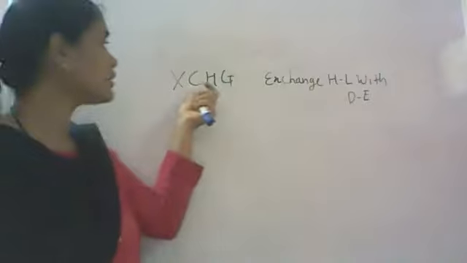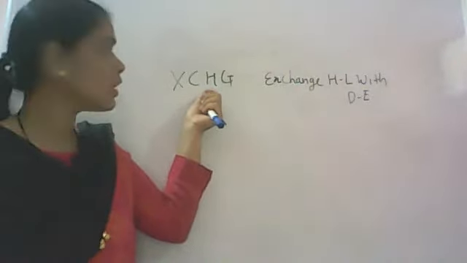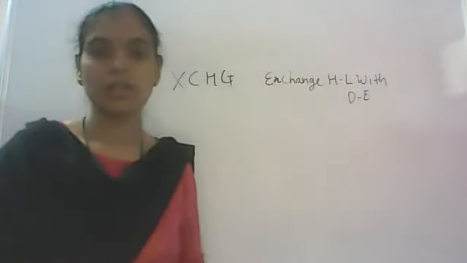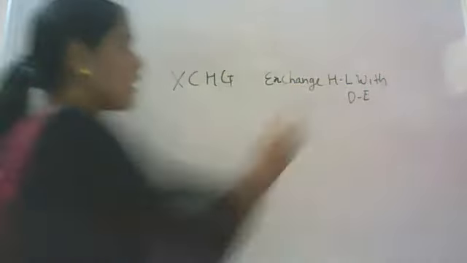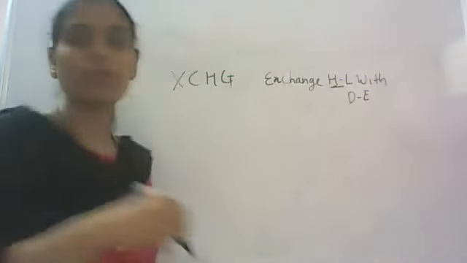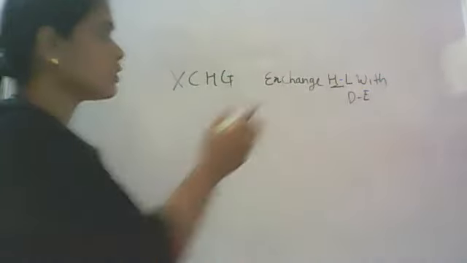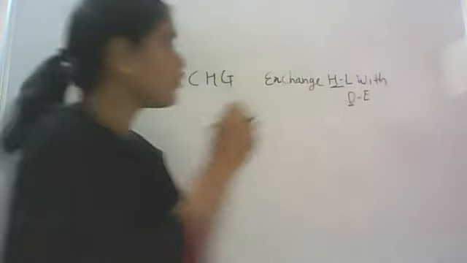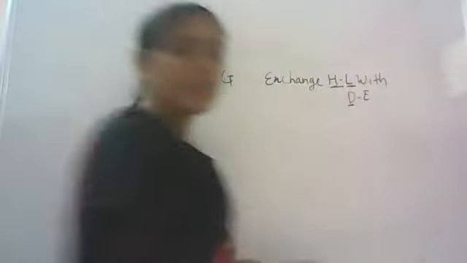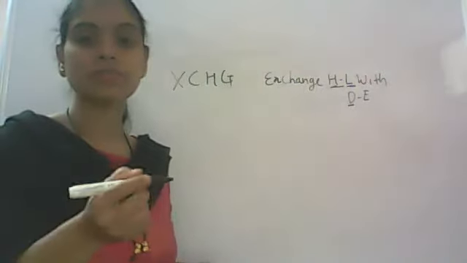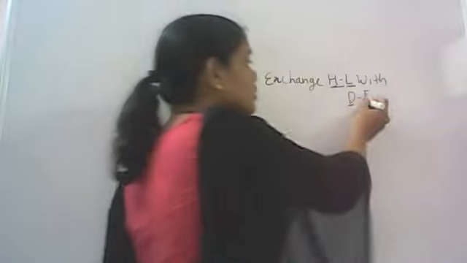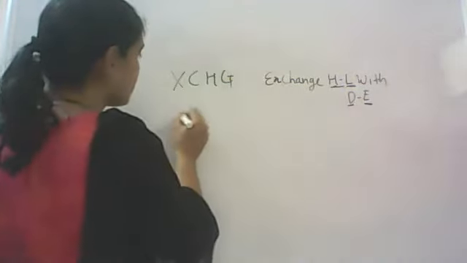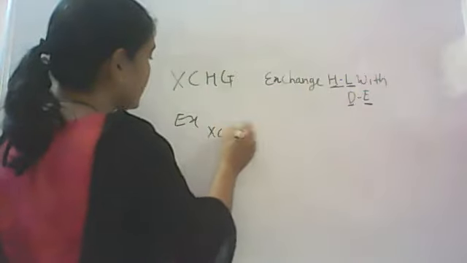Now the next instruction is XCHG. This instruction exchanges HL with DE. The content of register H is exchanged with register D, and the content of register L is exchanged with the content of register E. For example, XCHG.